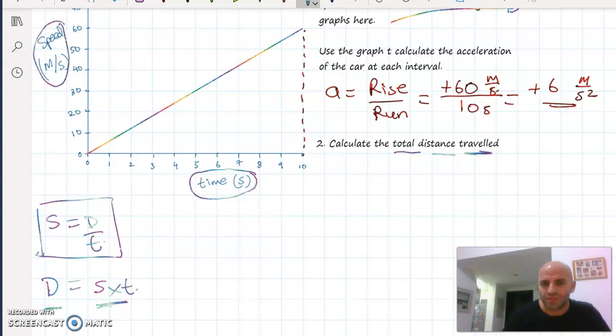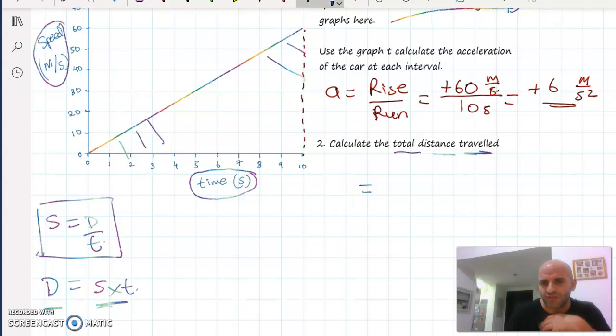This is where the idea comes from, that if you take the area underneath the line graph, or I like to say it like this, the area between the line graph and the time axis, it will give you the distance traveled or the displacement. So that's what we'll do: we're going to find the area. Please try not to get mixed up.